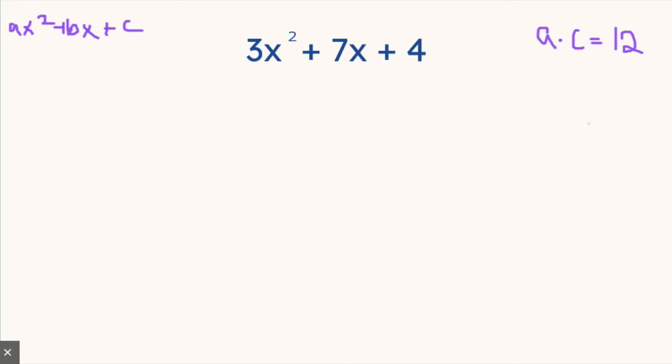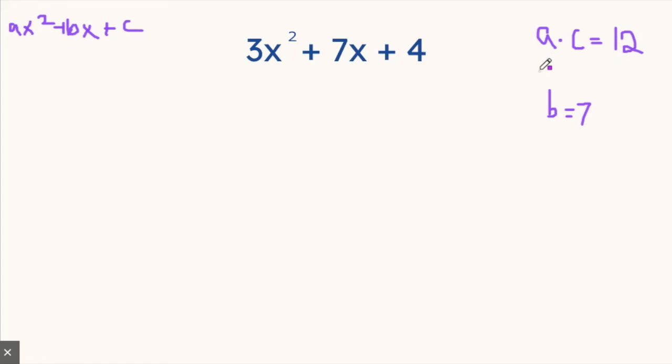And then we look at b. B is 7. And we ask, what can a and c be? What are the multiples of 12 that when you add them up are equal to 7?